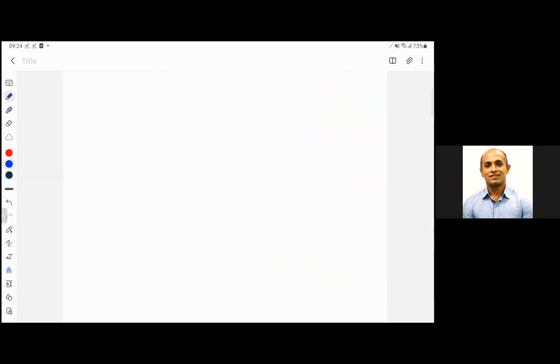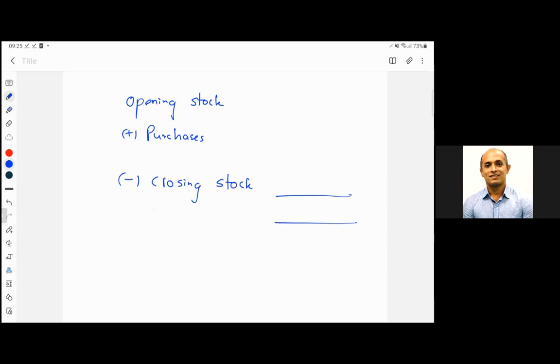This is how you calculate it: opening stock plus purchases minus closing stock gives you cost of sales.